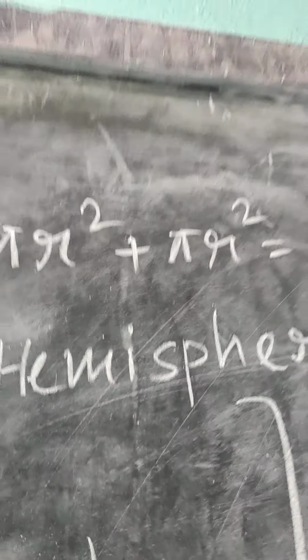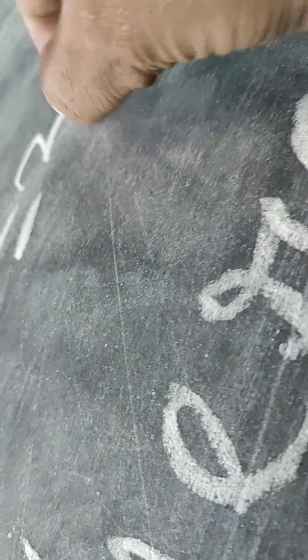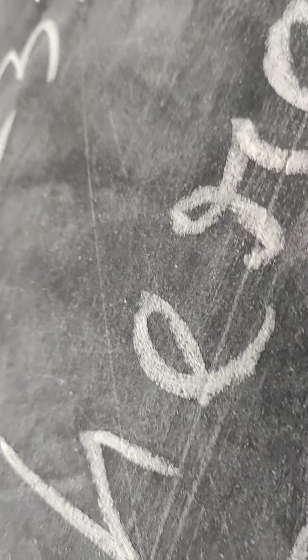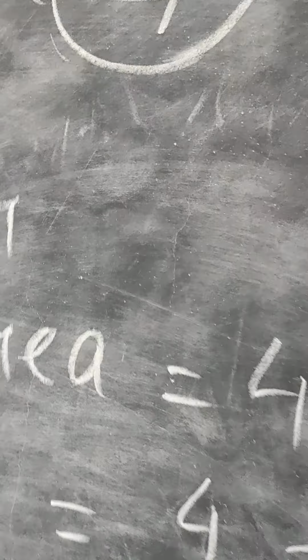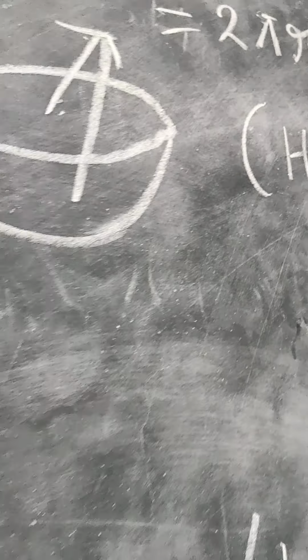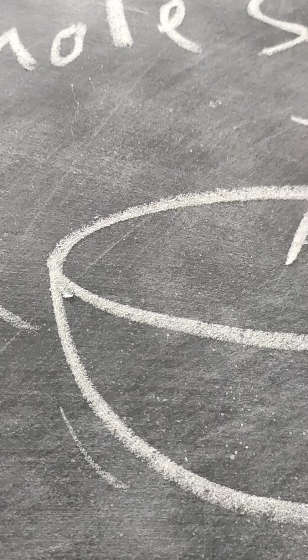So 2 pi r square plus pi r square, that means 3 pi r square unit. The whole surface area of the hemisphere is 3 pi r square.